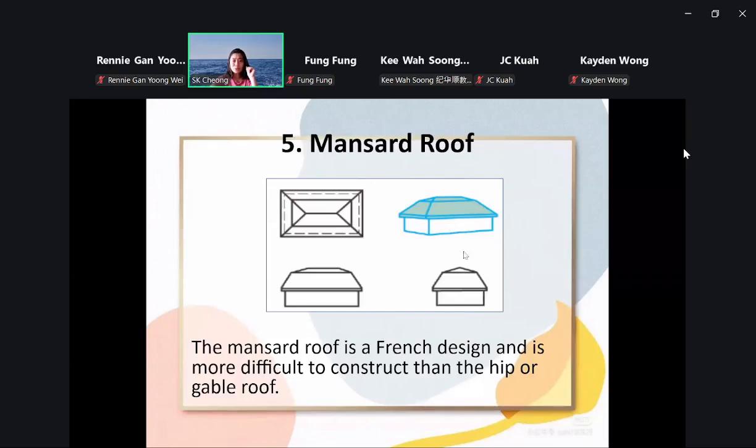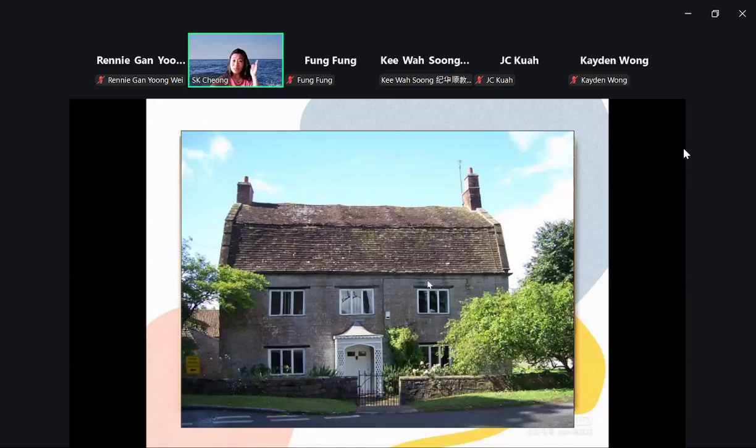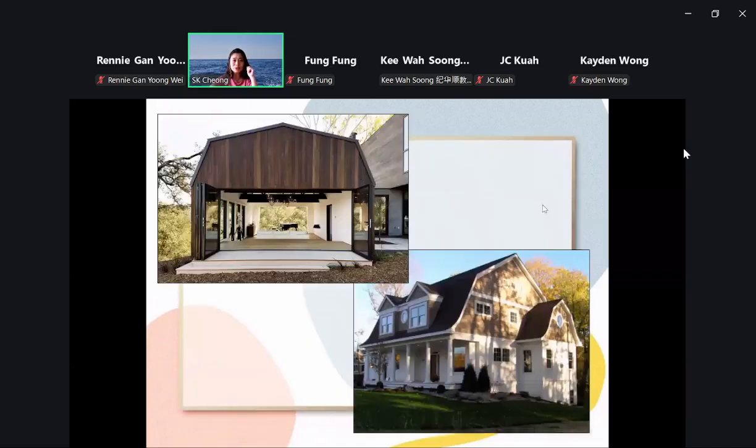Mansard roof. What is so special? It's a French design. That's why it is more difficult to construct than the hip or gable roof, so not so common in our country. Maybe in those snowy countries, winter season. Okay. Mansard.